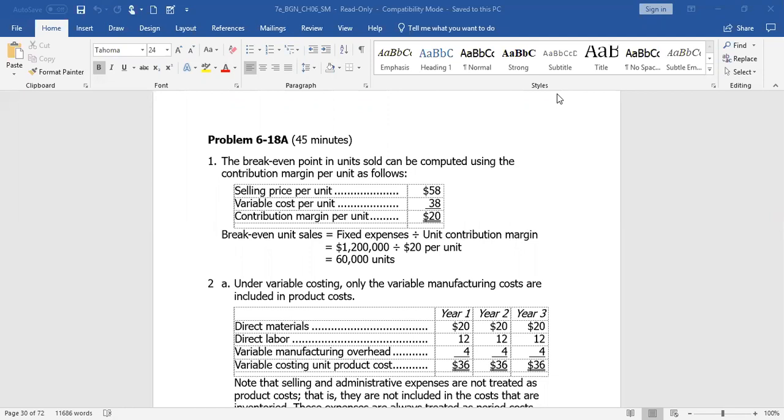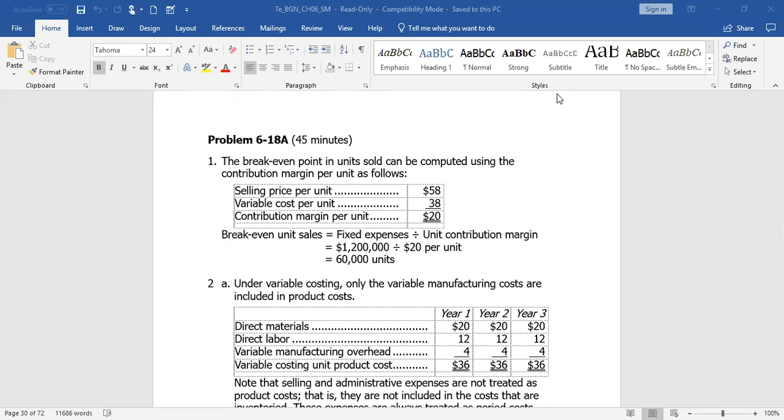So take the fixed cost of 1.2 million, which is the 960,000 plus 240, and divide it by your contribution margin per unit of $20 to get 60,000 units. Okay, so that's how we found it, like we saw in the last chapter.